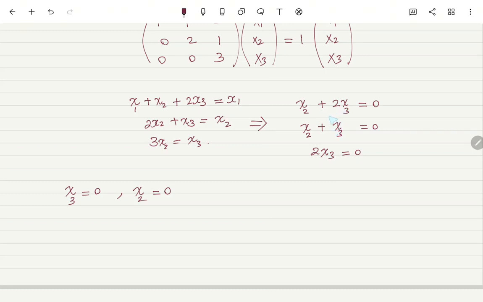Therefore, x1 is arbitrary, and we choose x1 equal to 1. So the eigenvector for lambda equal to 1 will be 1, 0, 0.